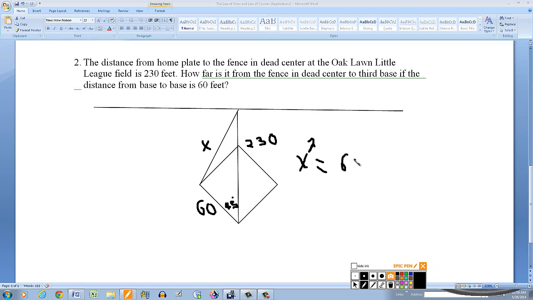So this will be 60 squared plus 230 squared, minus twice the product of the two sides, so that would be 60 times 230 times the cosine of 45 degrees.